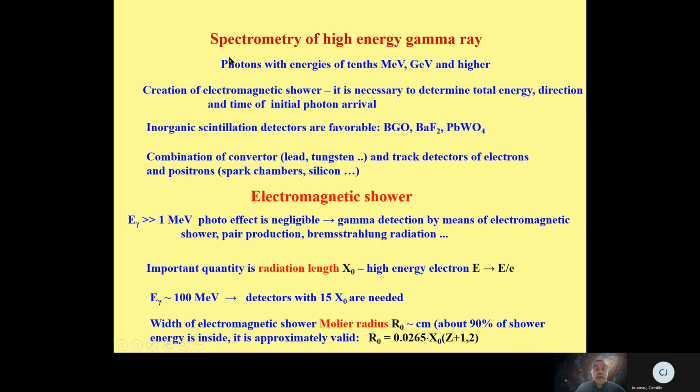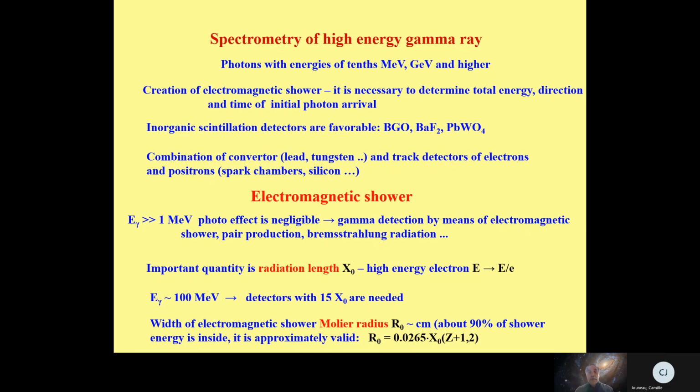We discussed the interaction of gammas and electrons, and for gammas of high energies the dominant process is pair production. That means you have production of two charged particles, a positron and an electron.